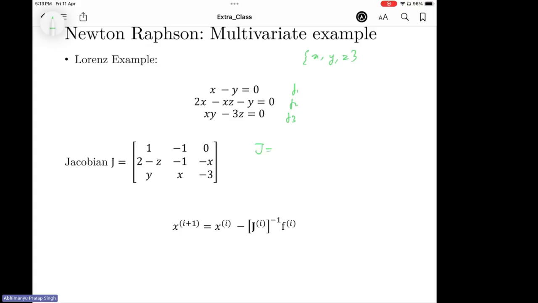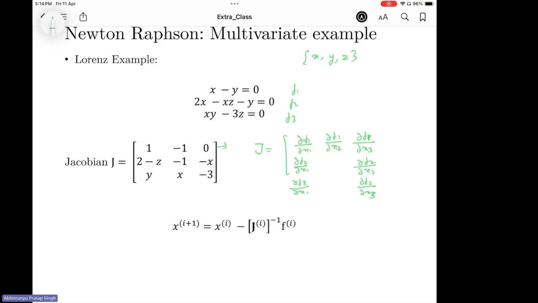Jacobian is nothing but del of f1 with del x1, del of f1 with del x2, del of f1 with del x3, f2 with del x1, del of f3 by del x1, del of f3 with del x3, del of f2 with del x3, like that.